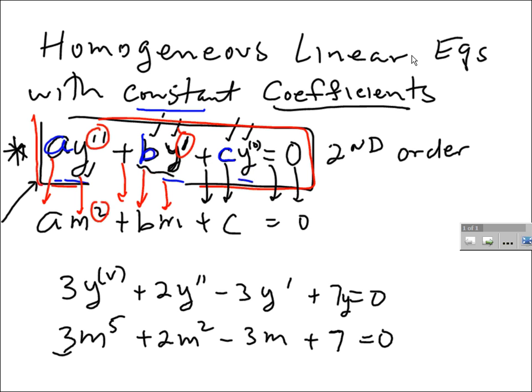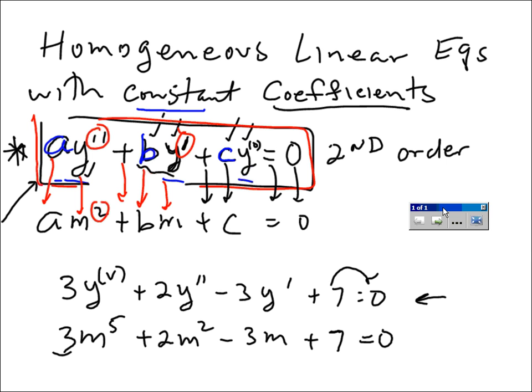For the record, if we had plus 7 alone, it wouldn't be a homogeneous equation, because if we brought this 7 over, the right side would not be 0.